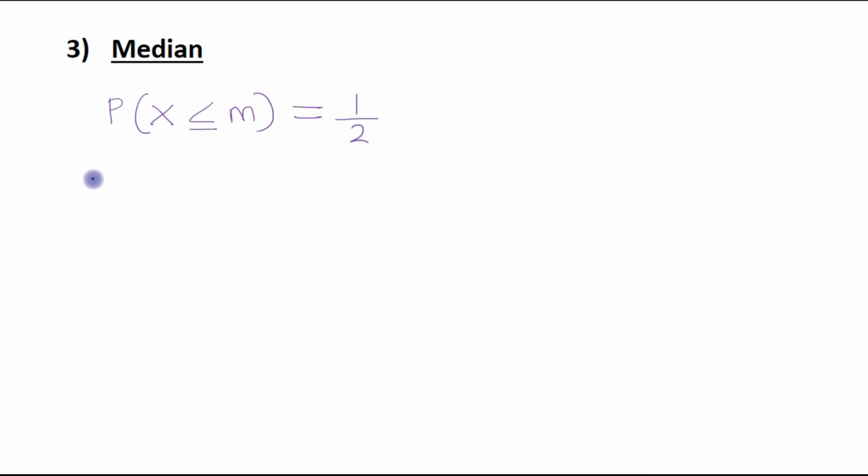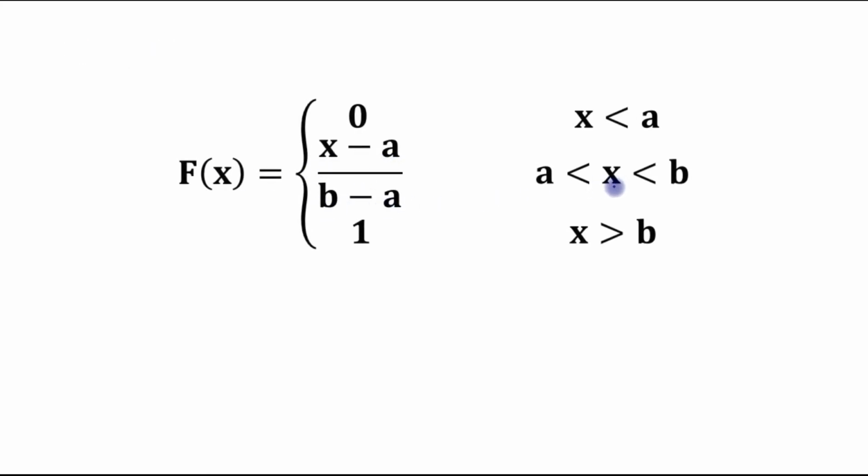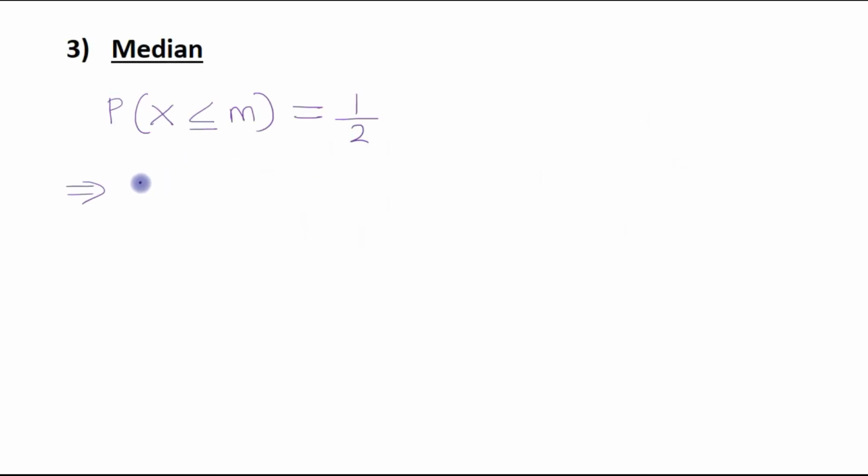In the next step, we have already calculated the CDF as x minus a upon b minus a when x lies within a and b. So we can write m minus a whole upon b minus a equals half.